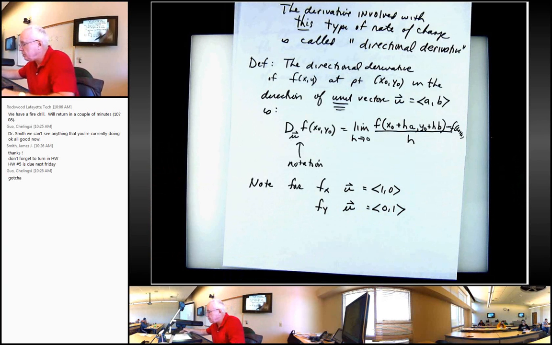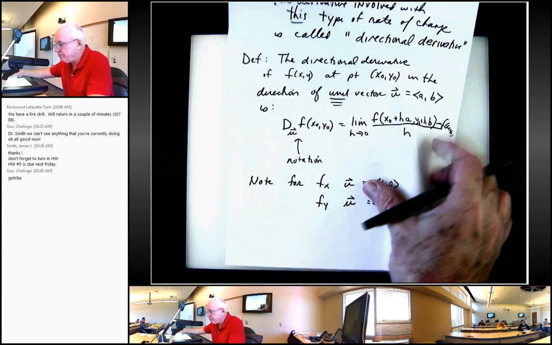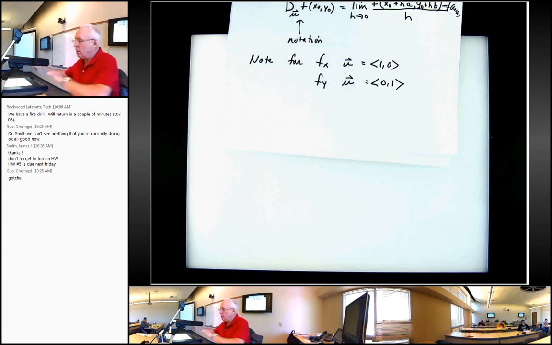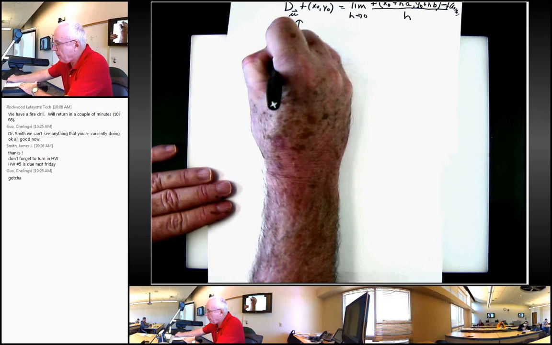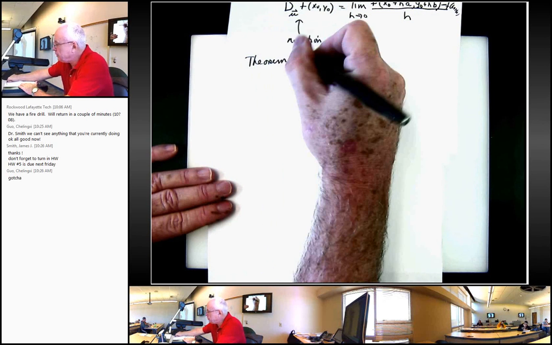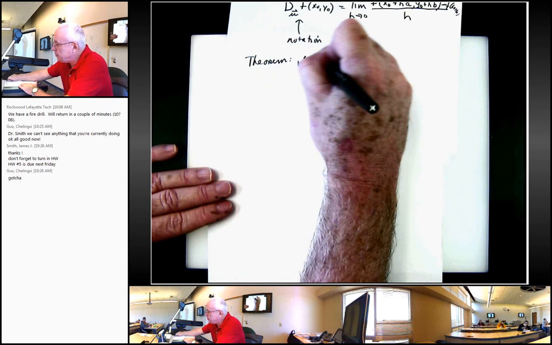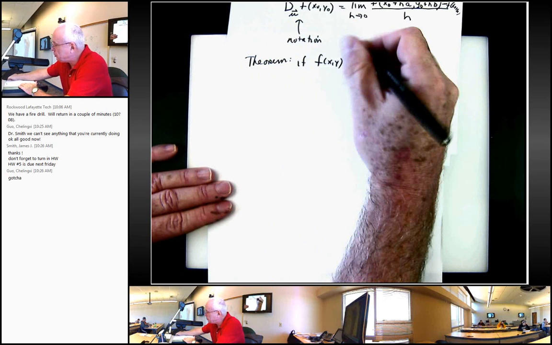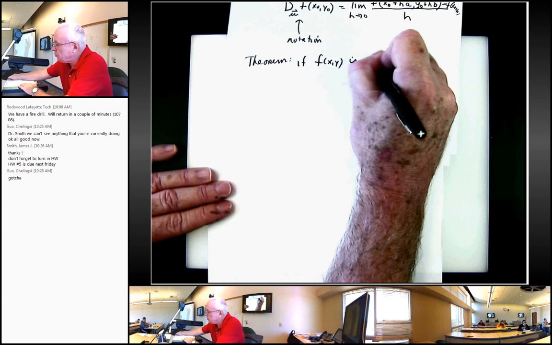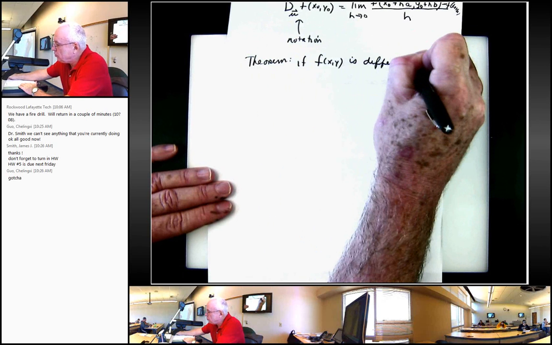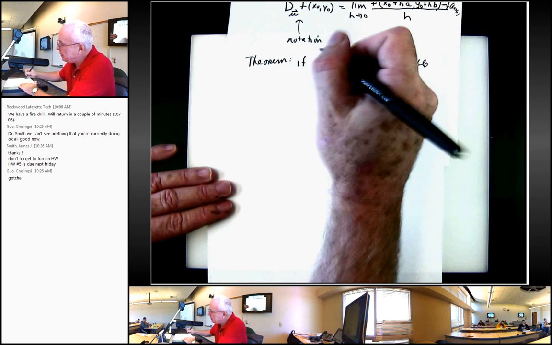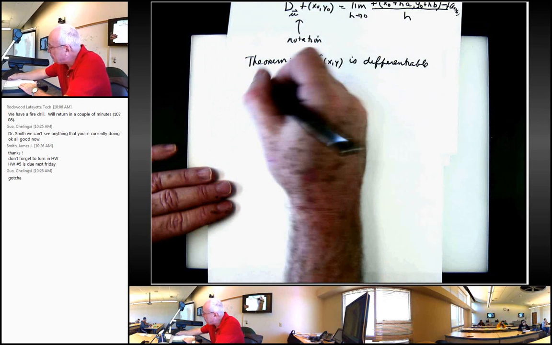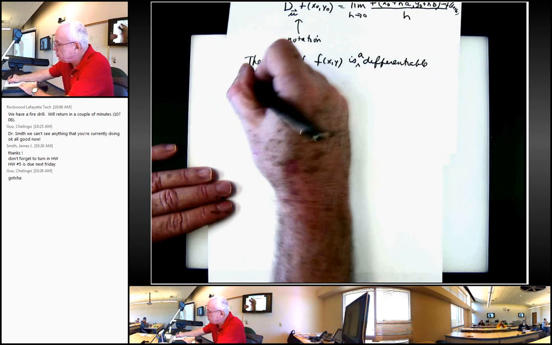And this is the theorem here. So theorem, we're assuming that our function of two variables, x and y, is differentiable. And the functions that we're going to be looking at are all good functions that are differentiable.